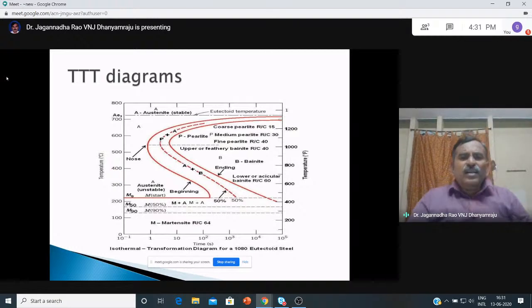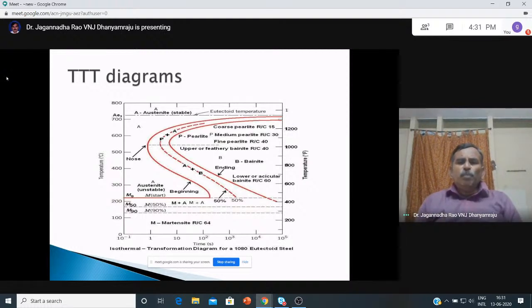And if you increase the cooling rate, then you will get medium pearlite. That means the coarseness of the pearlite has reduced. As the fineness of the pearlite increases, the hardness improves, right?